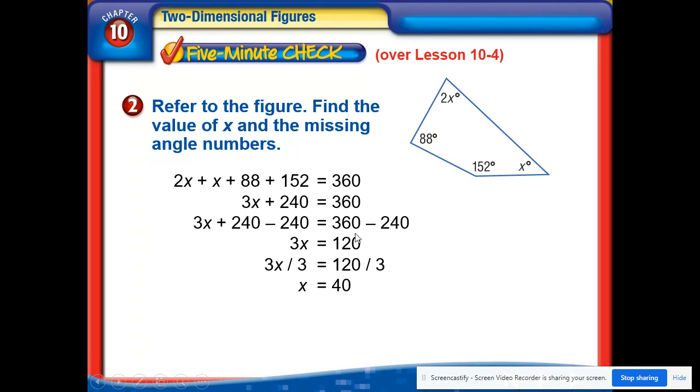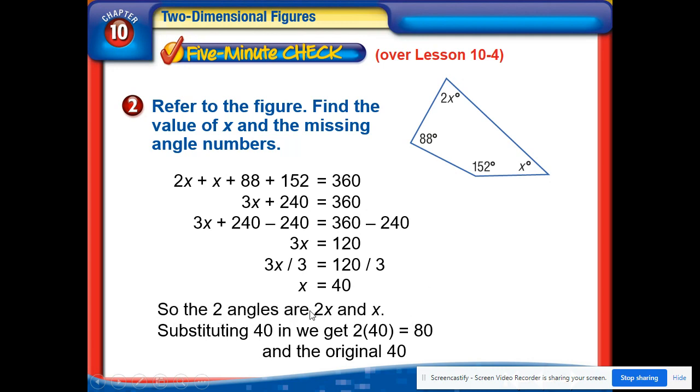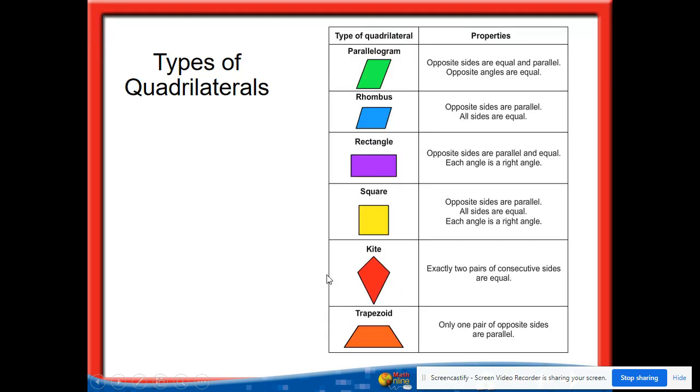Subtract the 240 from both sides, you get 120, divide by 3, and we get x equals 40. So this angle right here is 40. This other one would be 40 times 2, or 80. So substituting, we have 2x and x, so 40 times 2 is 80, and then the original one is just 40.